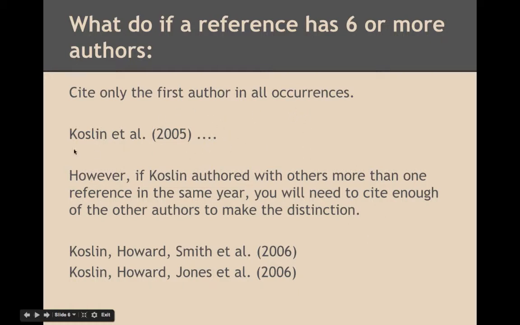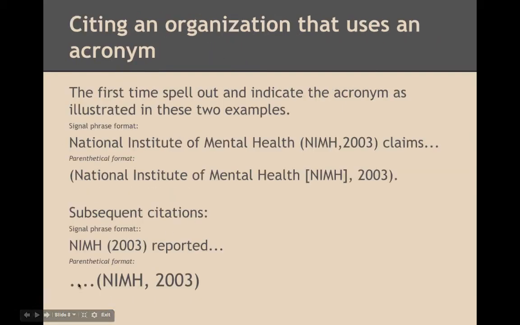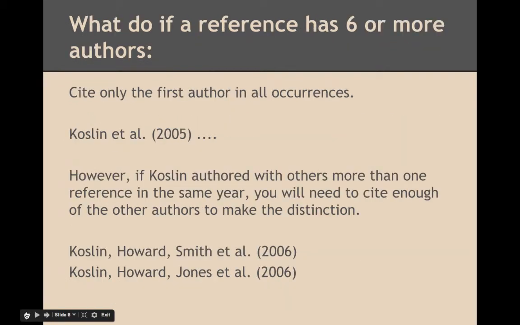However, if the particular first author has been referenced in other references you're using, you'll need to list enough of those other references to clarify. So notice here at the bottom that the first two authors are the same, but the third author is different.